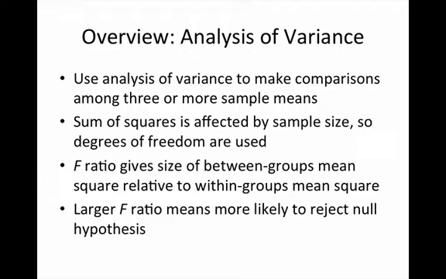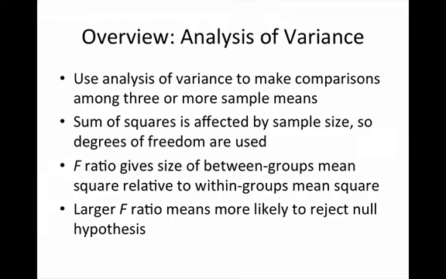We're going to learn about the F ratio, which is kind of an index of between groups differences relative to within groups differences. The larger F ratio is going to tell us in general that we have a greater between groups mean difference than we would expect just due to sampling error.